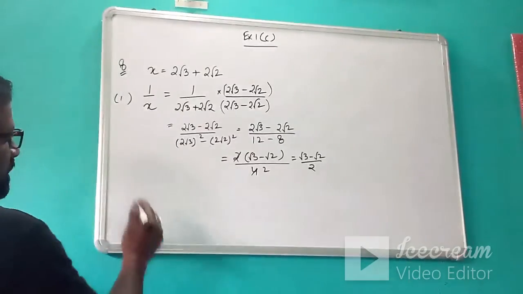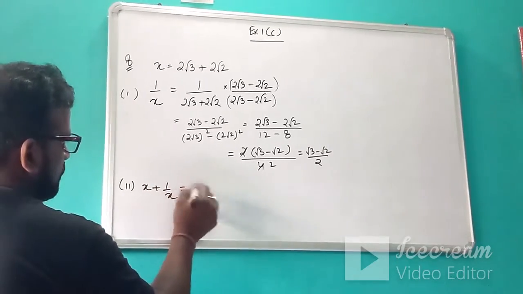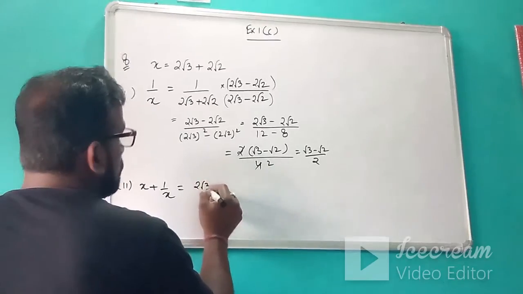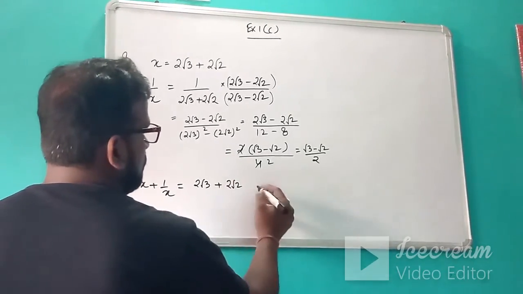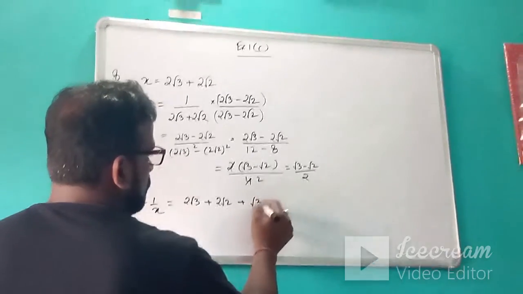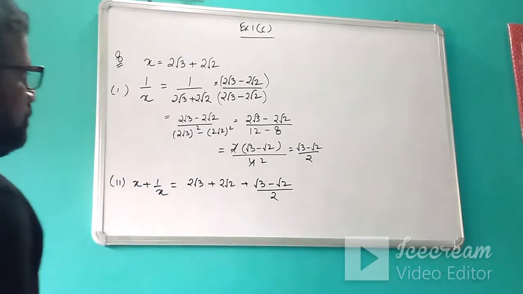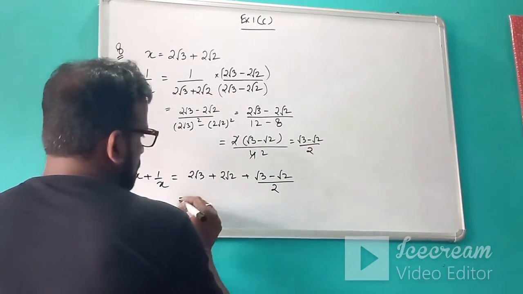The next thing asked is x plus 1 upon x. So what is x? 2 root 3 plus 2 root 2. And what is 1 upon x we have found out? Root 3 minus root 2 upon 2. So just take the LCM.